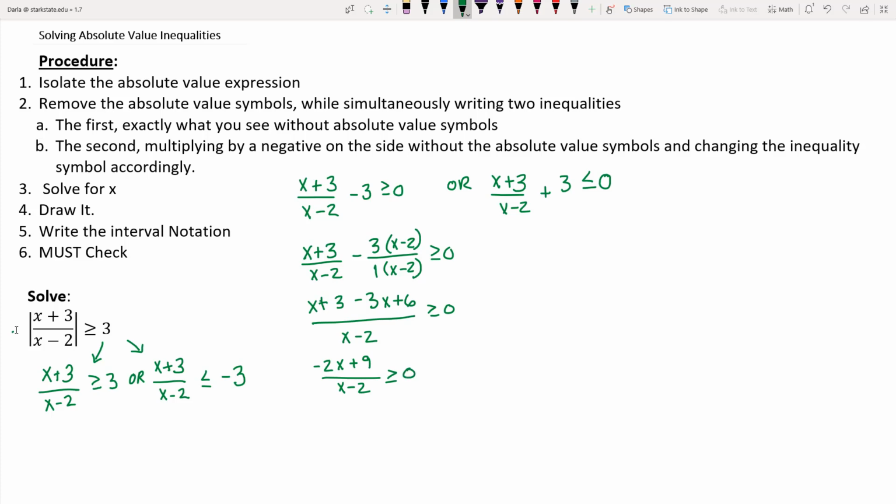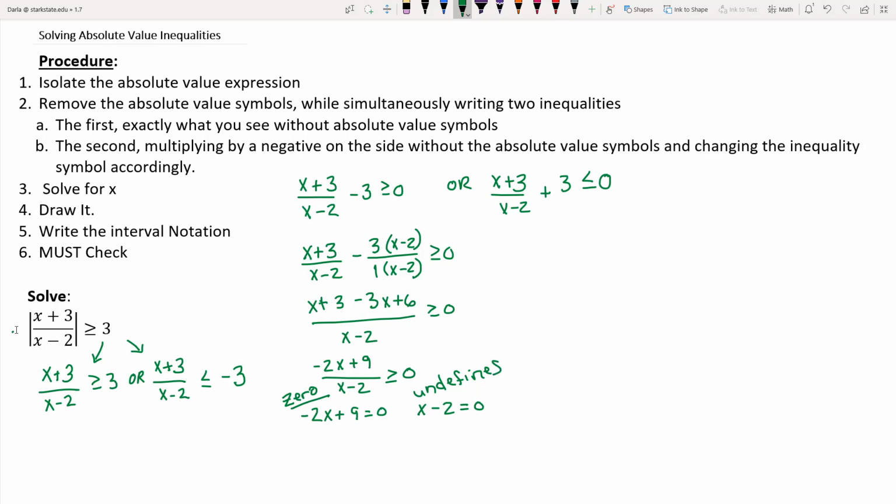So then we need to figure out where this expression is 0 and where it is undefined. Well, take -2x + 9 and set that equal to 0. Take x - 2 and set that equal to 0. The -2x + 9 set equal to 0 will give us our zeros, whereas the x - 2 set equal to 0 will give us our undefined points.